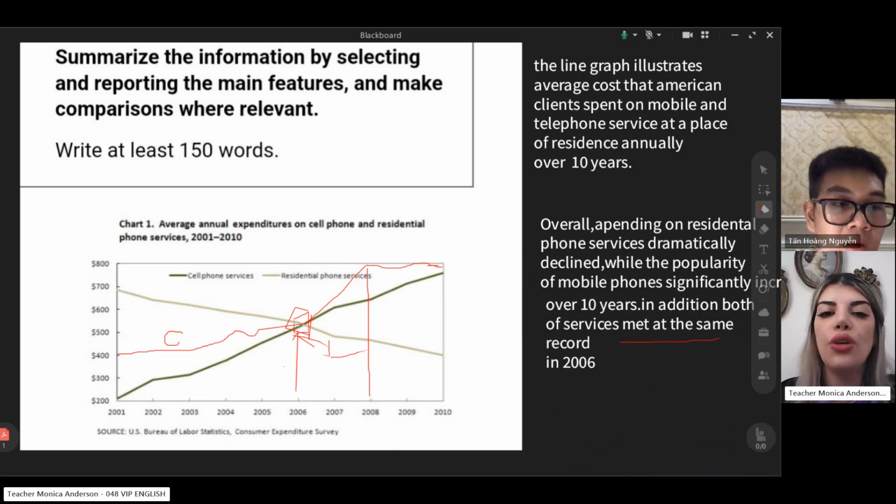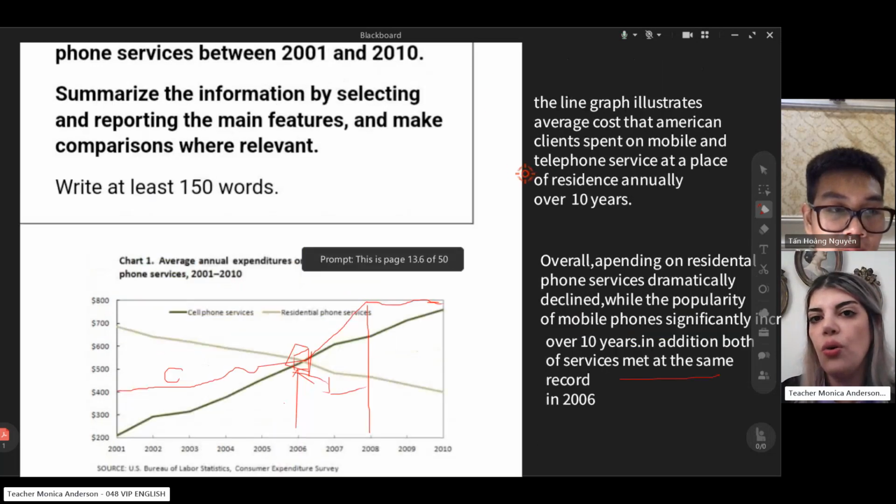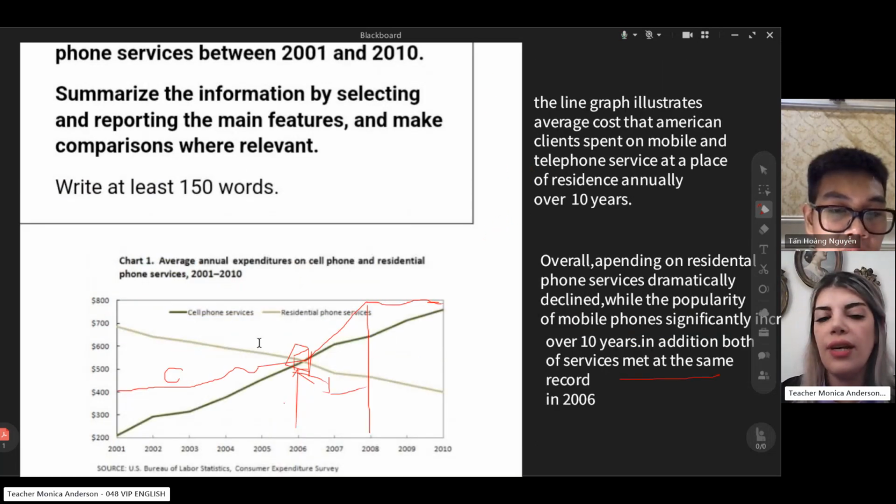As I told you, the first question that I mentioned was, what does the title say? So we wrote, for example, this. And after that, what does the vertical axis, or the horizontal axis, say or describe? It means that, for example, as you can see, it's about mobile phones.